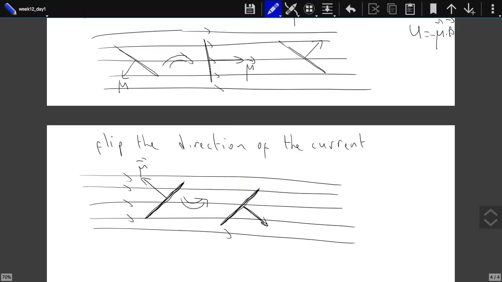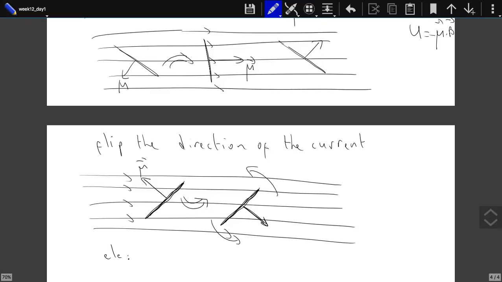It will be now in this direction. So how will it rotate after this point? It will keep rotating in the same sense. So as long as you keep flipping the direction of the current, your wire will keep rotating.